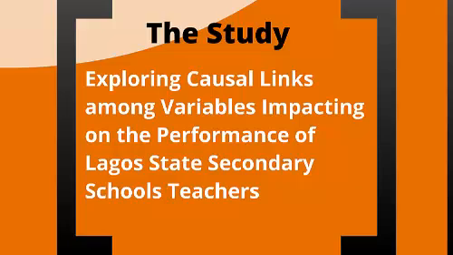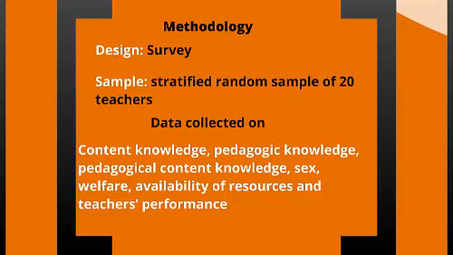Yeah, let us implement the steps with a study. The study is entitled Exploring Causal Links Among Variables Impacting the Performance of Lagos State Secondary School Teachers. I've actually derived this from one of our group members, Dr. Akintoye. So how did we conduct the study?